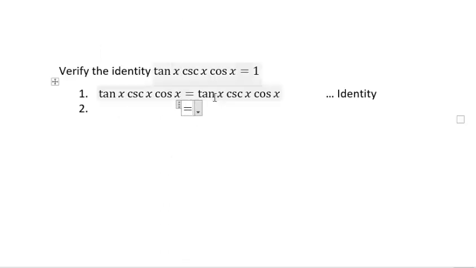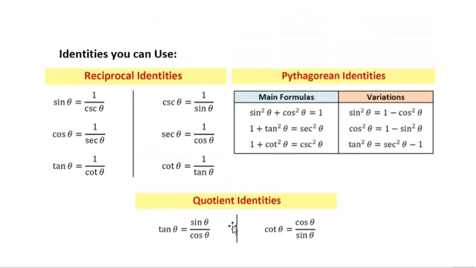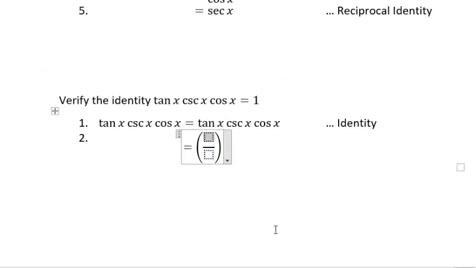So let's see. What is tangent? Okay, let's try changing tangent. What is tangent? Let's look for these things. Okay, I have a quotient identity that tells me the tangent can be changed with sine divided by cosine. So let's do that. Okay, tangent is sine x divided by cosine of x.